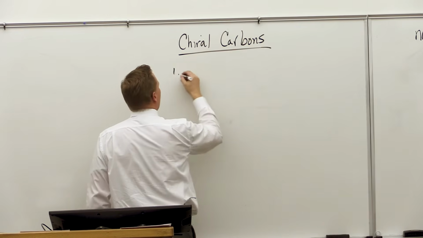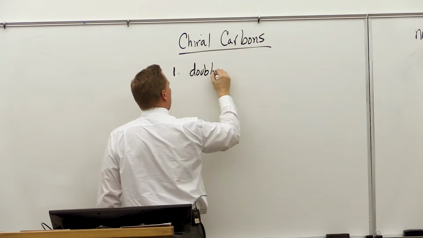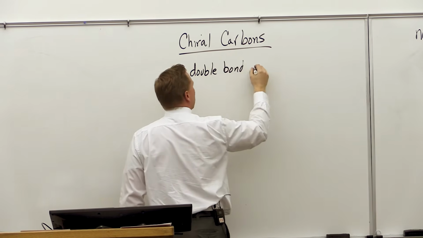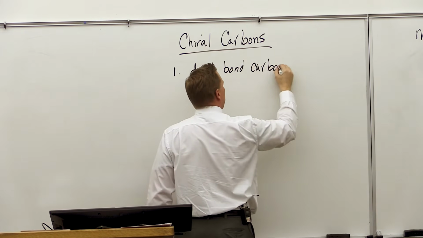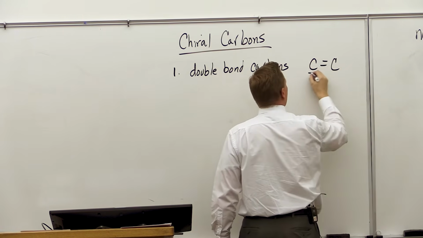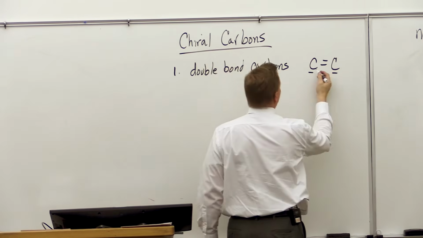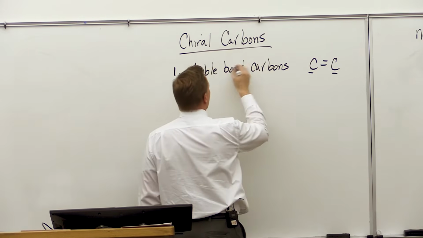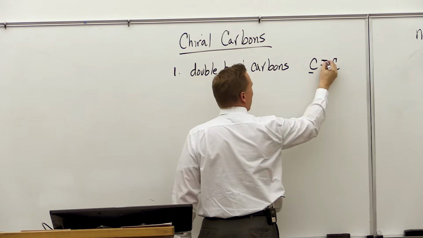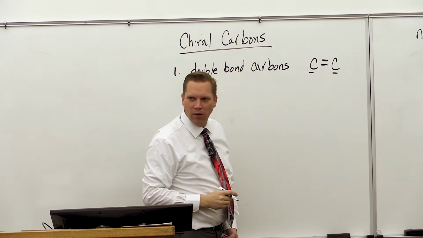So one form of chiral carbon is double bond carbons. What's a double bond carbon look like? It's a carbon that is participating in a double bond with another carbon, and that becomes significant. So it has to be a carbon-carbon double bond for it to be a chiral carbon.